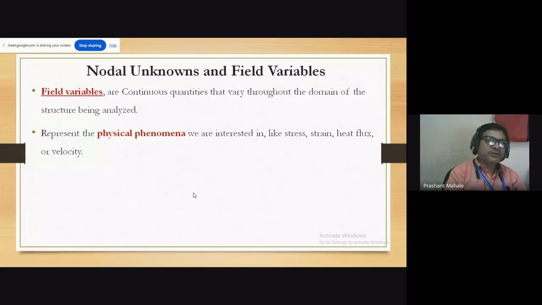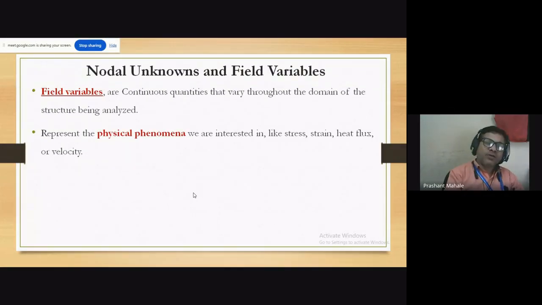In case of structural analysis, mostly we measure displacement, strain, stress, such parameters. Or in case of heat, we measure heat flux, temperature, and in case of computational fluid dynamics, we measure the flow of a fluid, the velocity of fluid, pressure of fluid, and so on.